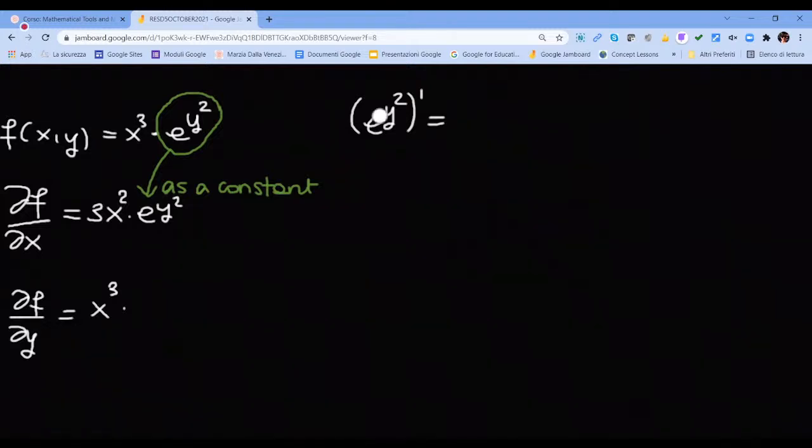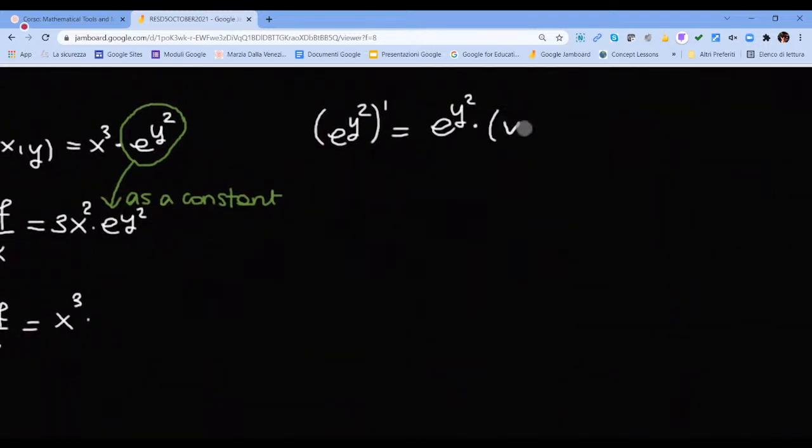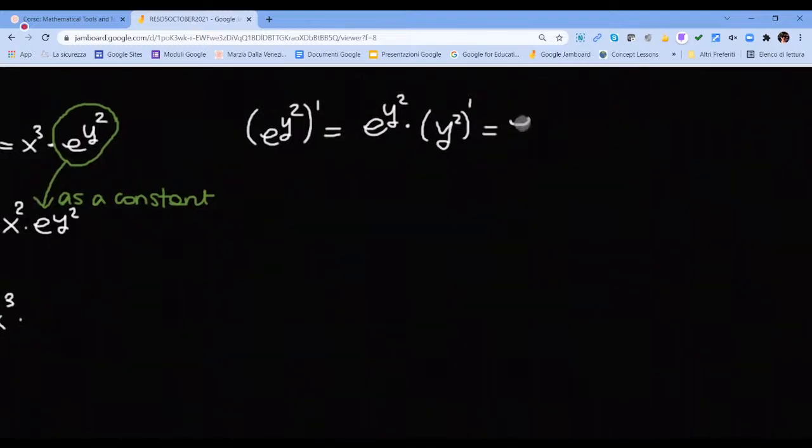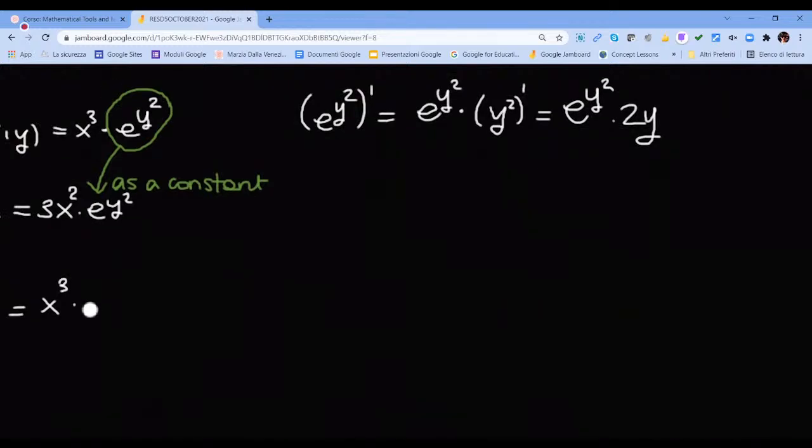That means that you have to rewrite the exponential function as it is, multiplying by the derivative of its argument. That means that you will have e to the y squared times 2y. So x cubed times 2y.